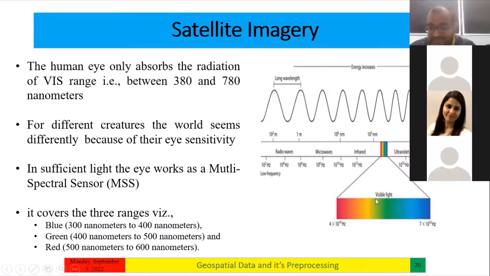Because of this visible light, 0.3 to 0.6, we are able to see different color properties of different objects. Similarly, this electromagnetic spectrum is also the basis for the formation of satellite images, which are used by different satellites in space.